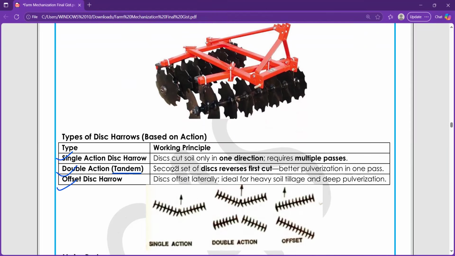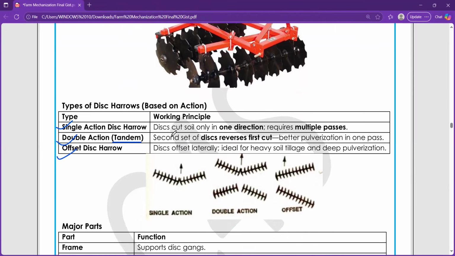If we talk about the single disc, when this disc is moving in one direction, what happens? It requires multiple passes because in one go it doesn't cut the soil efficiently. That is why it requires multiple passes. In the double action disc harrow, what happens?